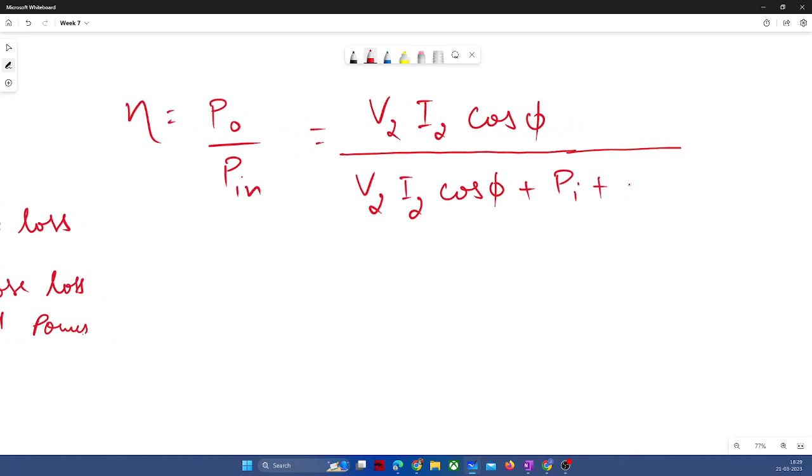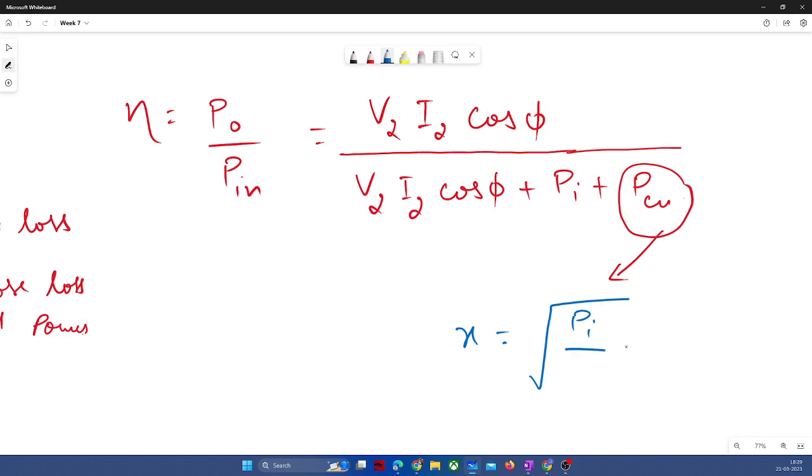Let us suppose if it is operating at full load, then it will have copper losses, right? This loss will be a function of load. If we assume your transformer is operating at 70% of load, then we write it as x equal to 0.7, and this x will go in here. But I don't think you need to know that much concept of the transformer as of now, since we are talking in terms of power electronics.